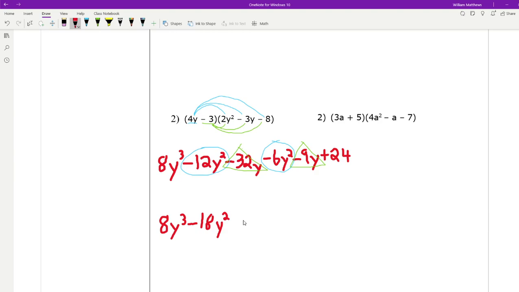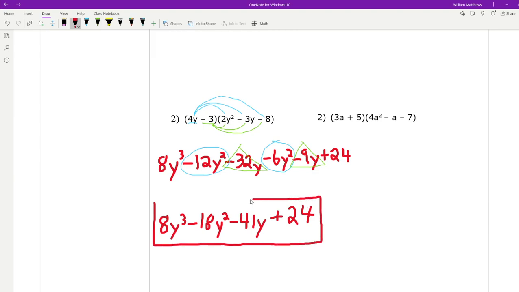The negative 32 and negative 9 becomes a negative 41y. Do not forget which variable term you are referring to. And then last is our positive 24. So if I look, I should have one of each power of the variable and then a constant at the end, showing that they are all non-like terms, and I have finally reached my answer.